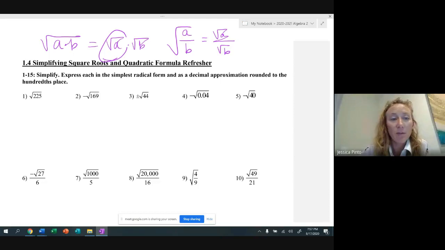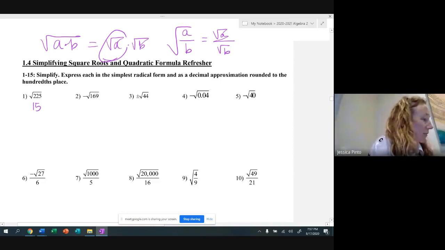Looking at number 1, I actually already know the square root of 225. It is 15. I just remembered, I'm going to need my calculator for this section of notes. So I'm going to go grab that.